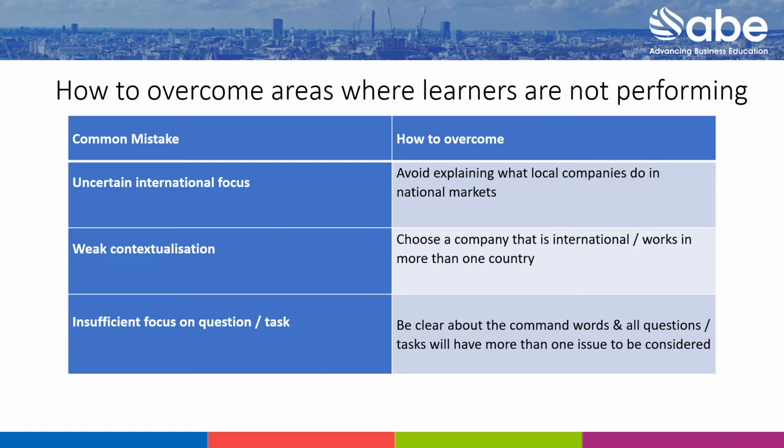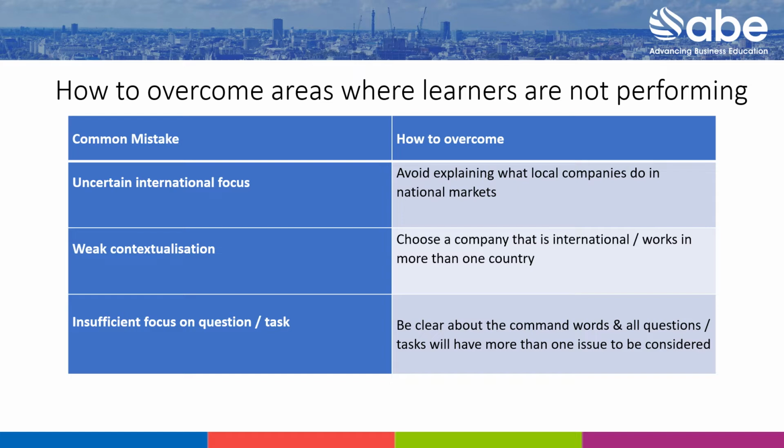There is also a second part of the task whereby a justified recommendation is asked for as to which is most appropriate, standardization or customization, and it has to be appropriate for the company chosen, and this means internationally, not just within one country.